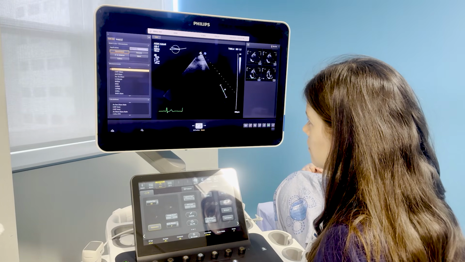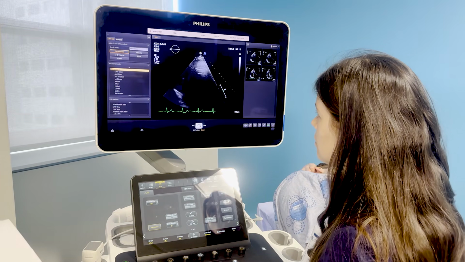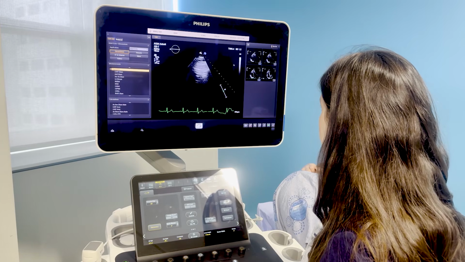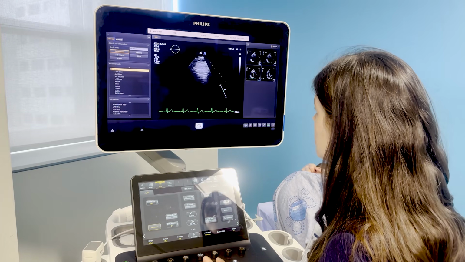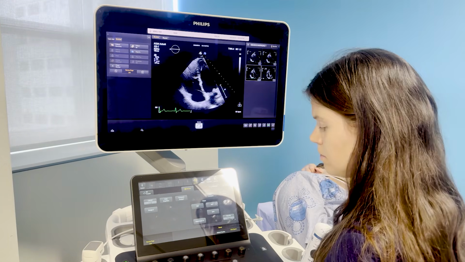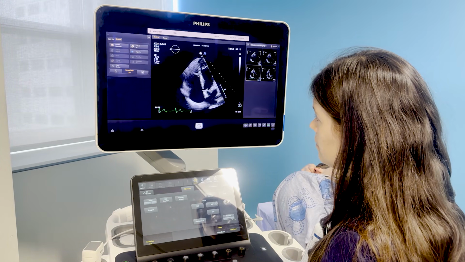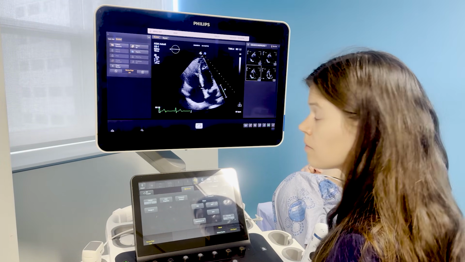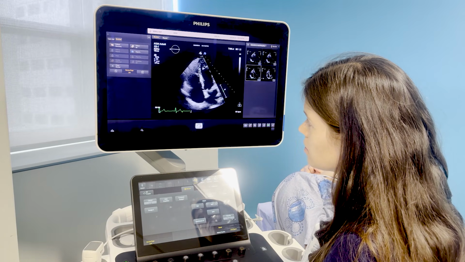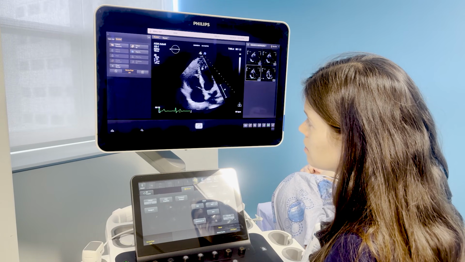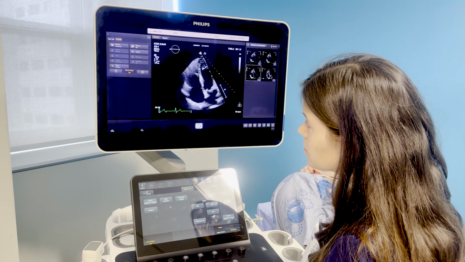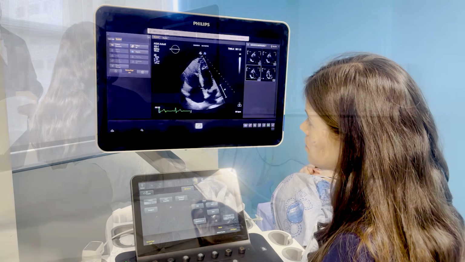Could you also show us how you do the RA trace? So that will be from the same view. And tell us where you're getting to in the cardiac cycle. Yeah, so I'm going with end systole when the RA should be biggest, just before the tricuspid valve opens.